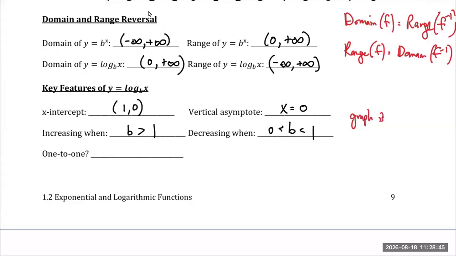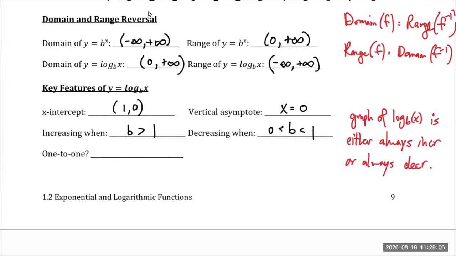The graph of the logarithm log base b of x is either always increasing or always decreasing depending on the value of b.